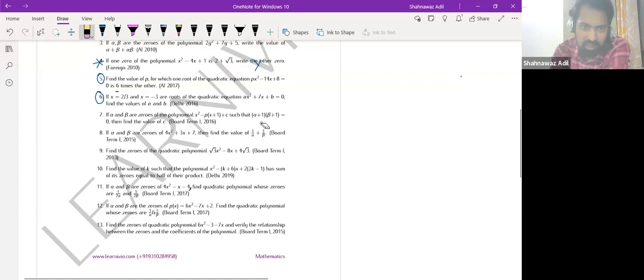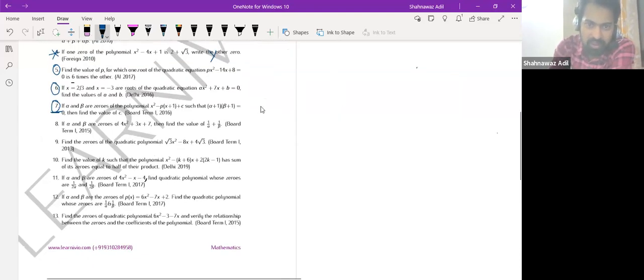Such that 0, then find the value of c. Good, yeah, so this one is the same type of question as the previous one. So please do this seventh question, everyone.